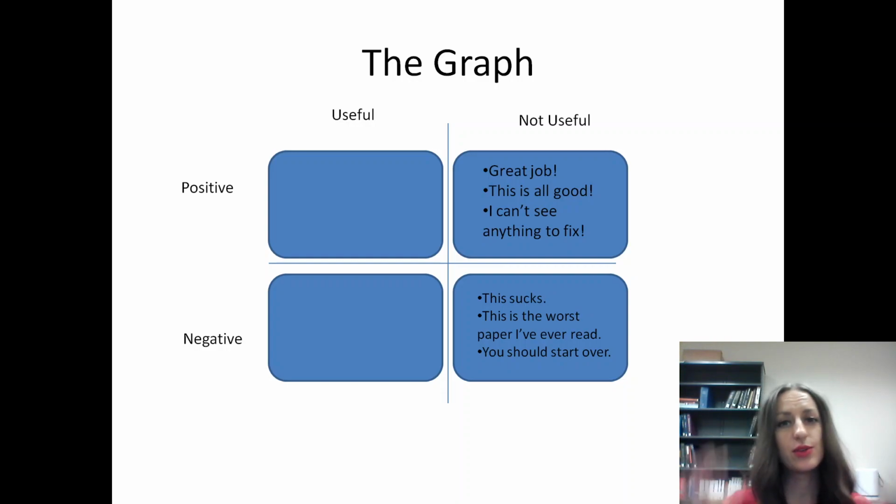Those include really universal, overall, broad strokes kind of comments like, hey, great job. This is a good paper. I can't see anything to fix. Those are all positive things. You're saying nice things, but they do nothing to help.